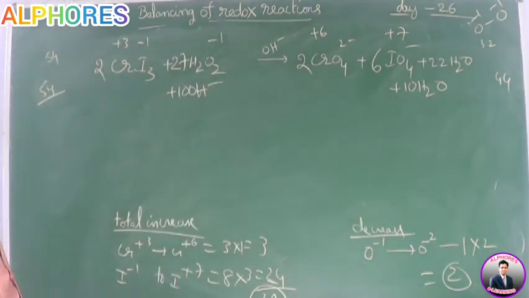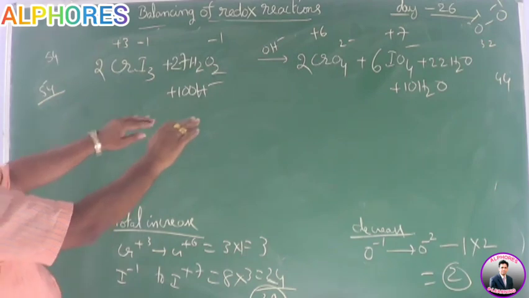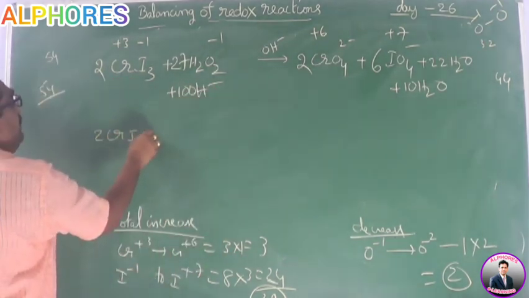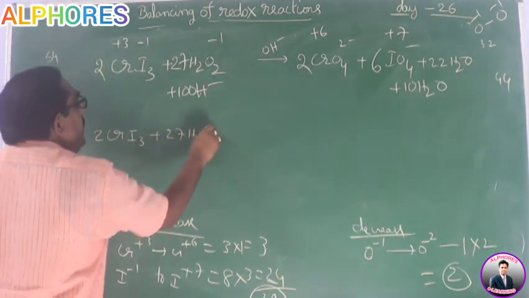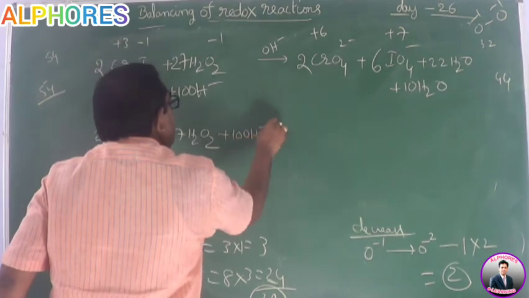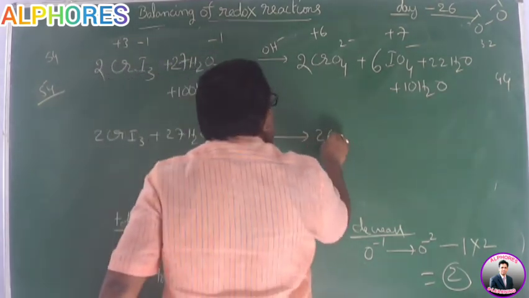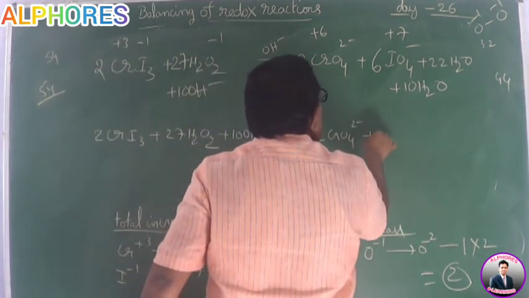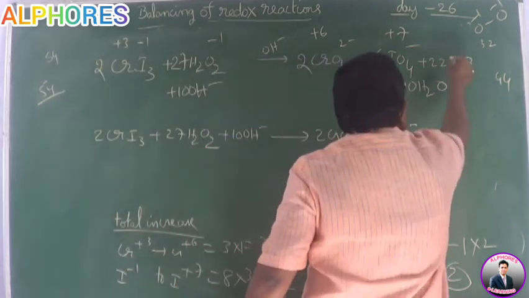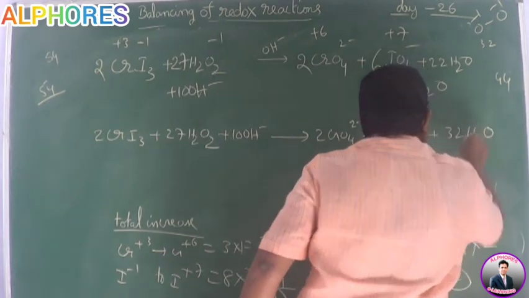Now further simplify this equation: 2 CrI3 plus 27 H2O2 plus 10 OH minus gives 2 CrO4 2 minus plus 6 IO4 minus plus 22 plus 10, 32 H2O.